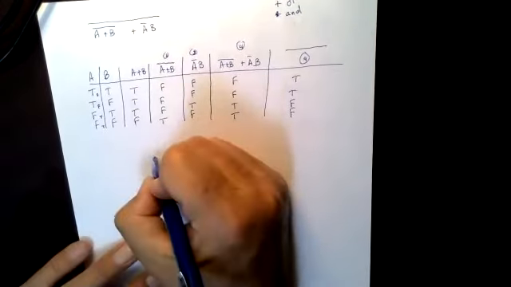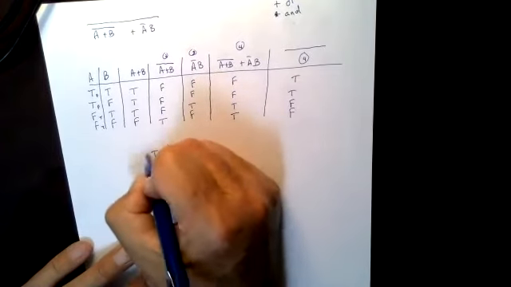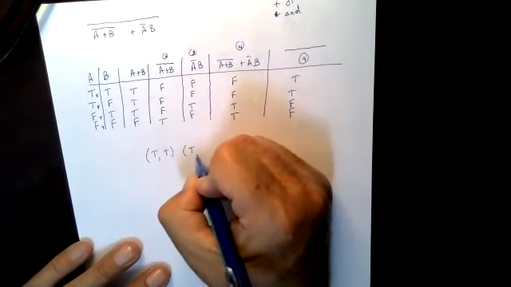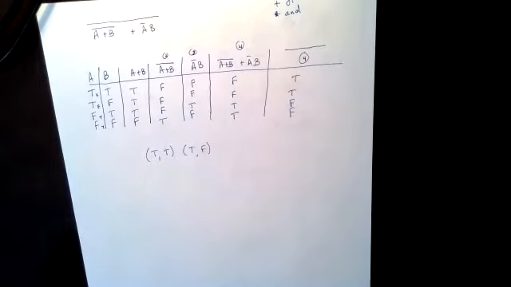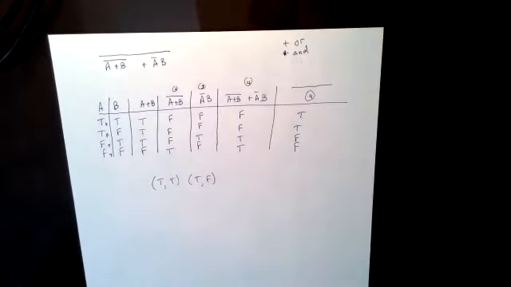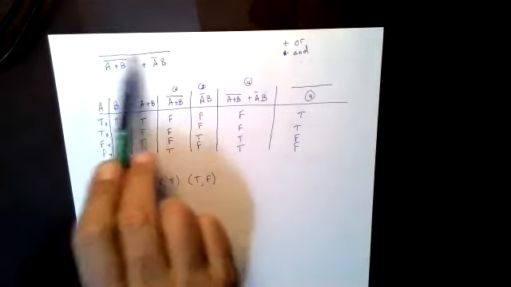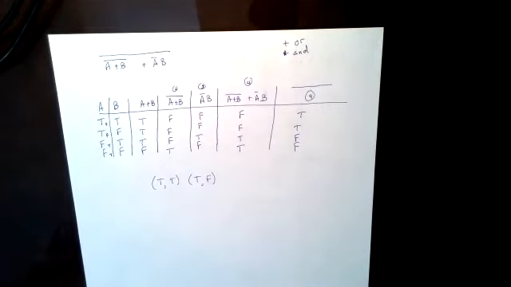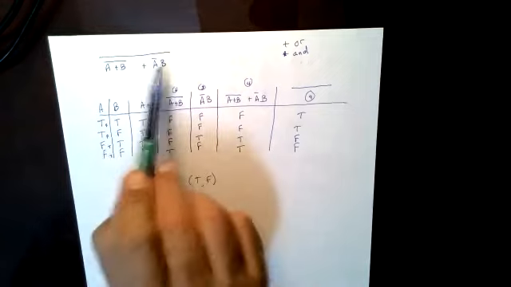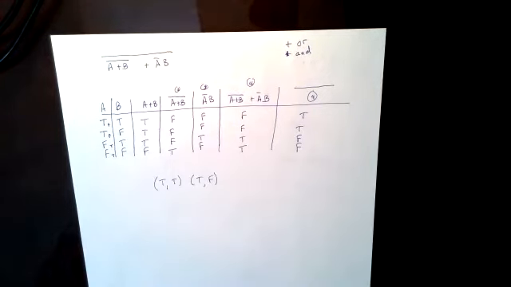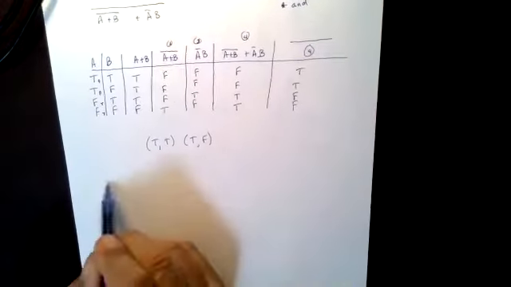The question asks for what ordered pairs make this true: true, true, and true, false. So if A is true and B is true, this guy becomes true. If A is true and B is false, this guy becomes true. Cool.